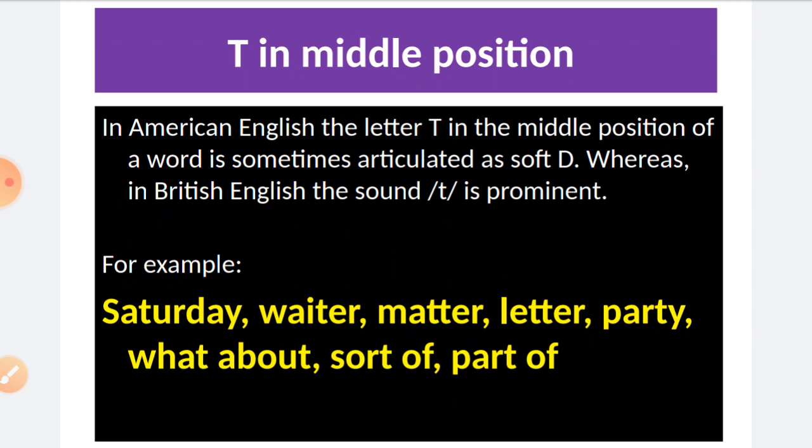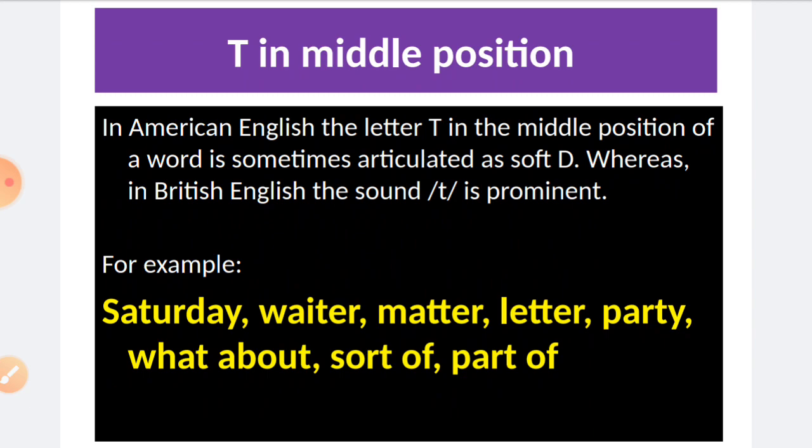So, for example, British English pronunciation for the following words that are highlighted over here are Saturday, waiter, matter, letter, party, what about, sort of, part of.